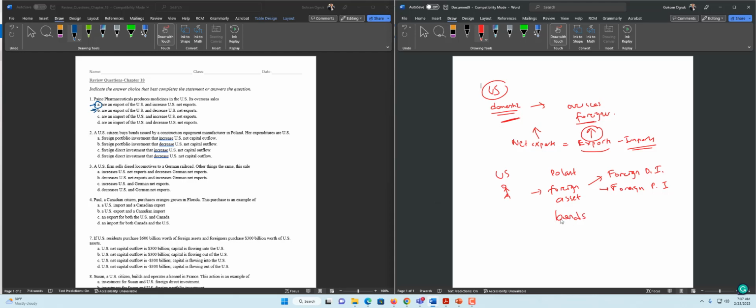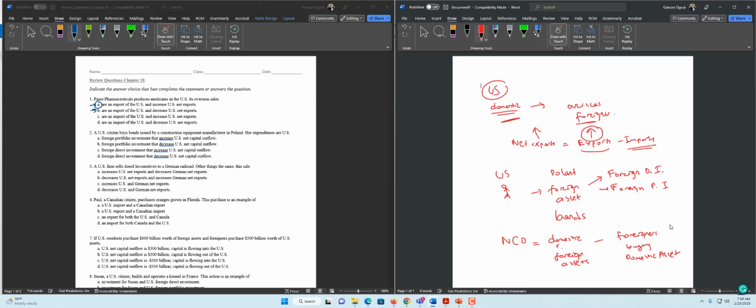We need to find out the impact on NCO. We need to write the NCO definition. NCO is domestic residents buying foreign assets, minus foreigners buying domestic assets.